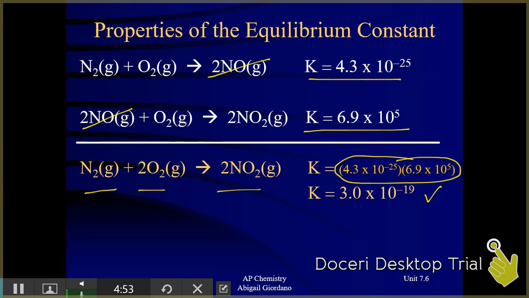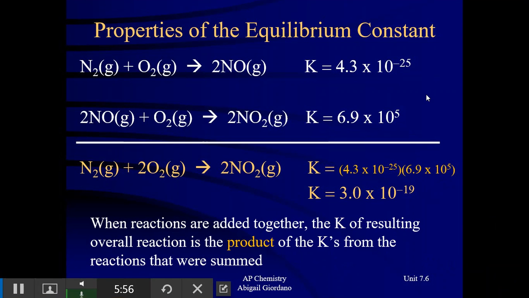Once you have manipulated your elementary steps the way you want them to look, and you add your elementary steps together to get the overall equation, you multiply each individual step's K value together to get the final equilibrium constant for that overall reaction.